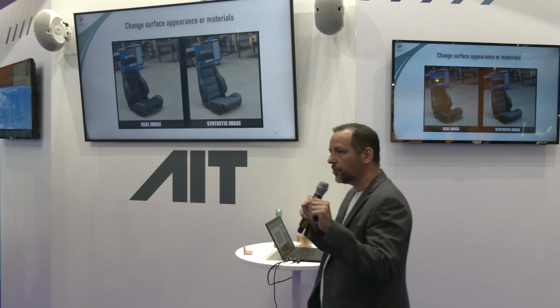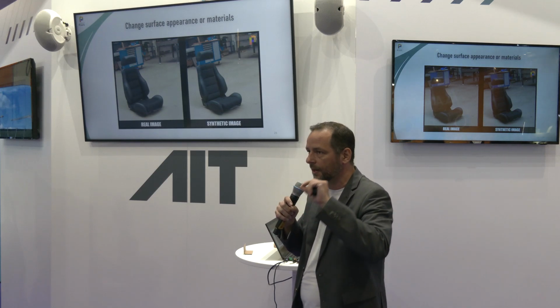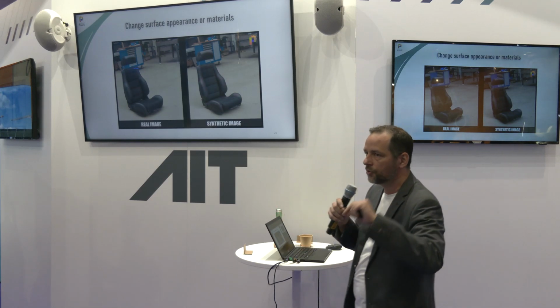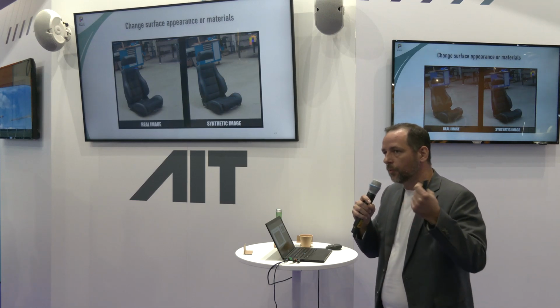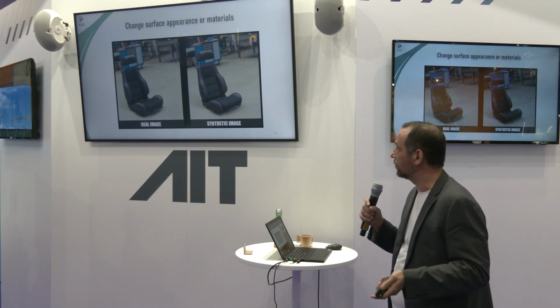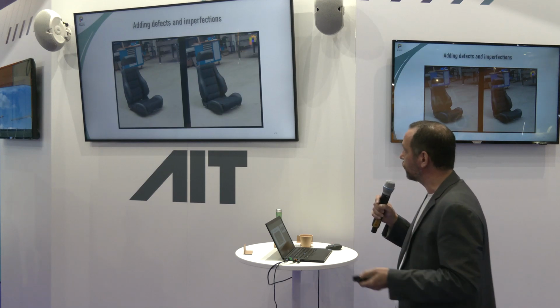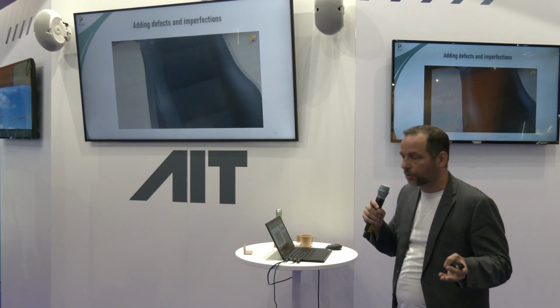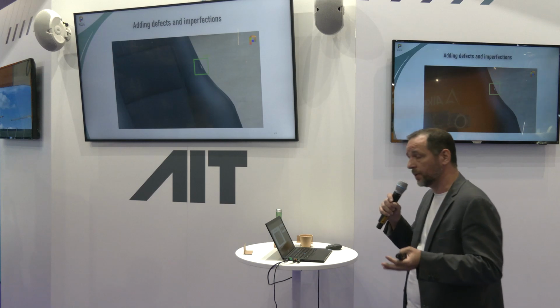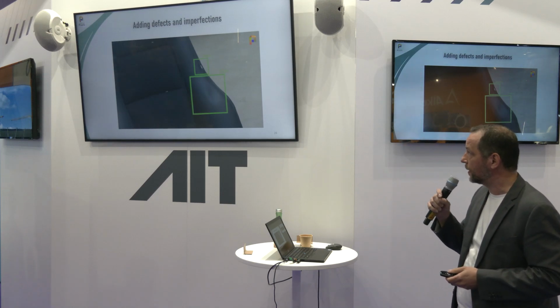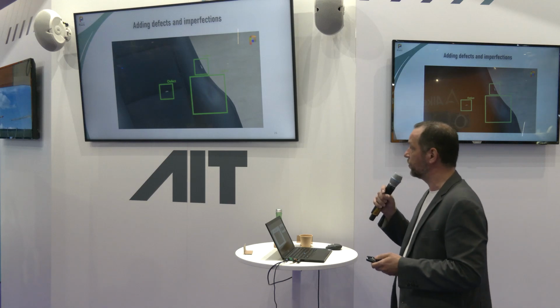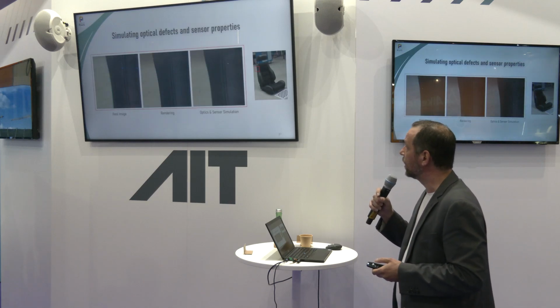If we start changing the things the model should learn are not important, change it as much as you can, and this will help the model to learn what is not important. You can also, of course, add defects and imperfections, and all of these possibilities you have with a high-quality digital twin that is able to produce such synthetic data.